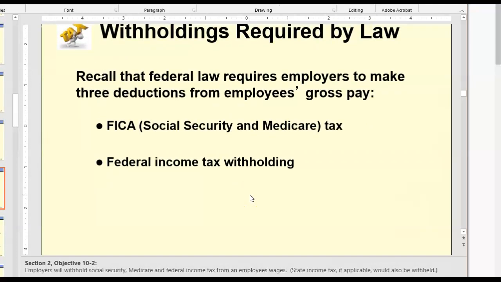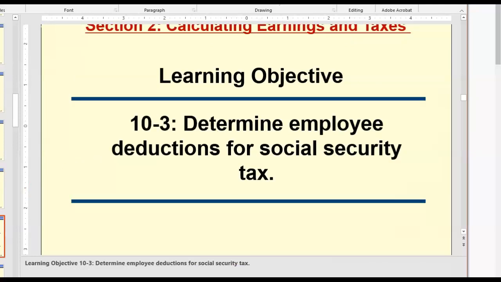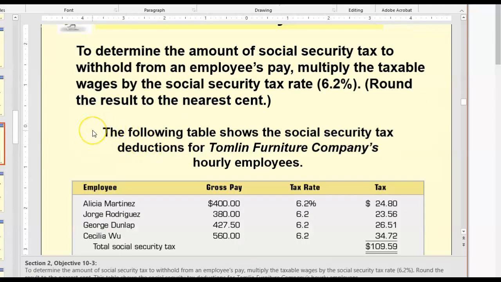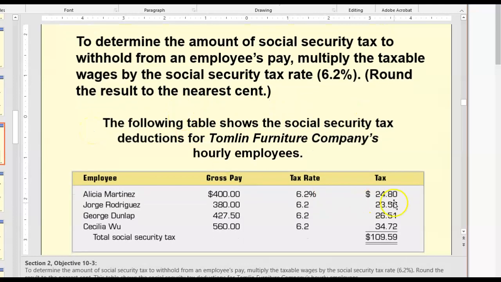Then you need to know what you need to pull out for your employees if you're hiring. You'll have to take out of their pay the FICA and Social Security. So in this case, you would take 6.2% out of their gross pay. So the first example, $24.80 would come out for Social Security tax.